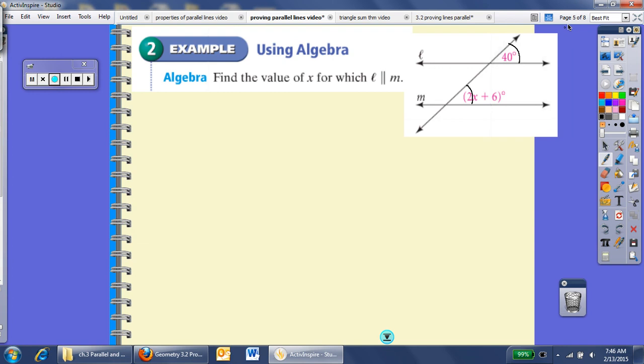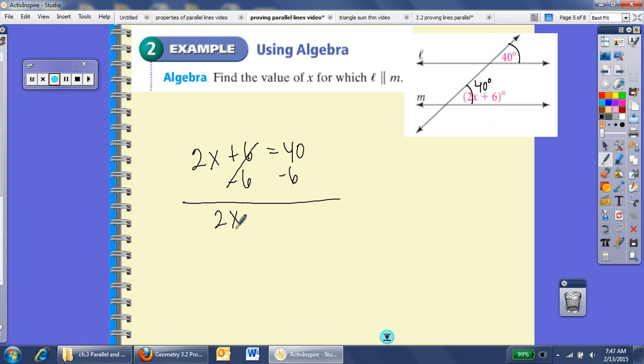If you can do this in your head, you can think that if I want this angle here to be 40 degrees, what does the value for x have to be there? If we can't do this in our head, let's just set this up. So 2x plus 6, we want that angle right here to equal 40 degrees because it's corresponding to this angle here. Doing some simple algebra, we'll subtract 6 on both sides.